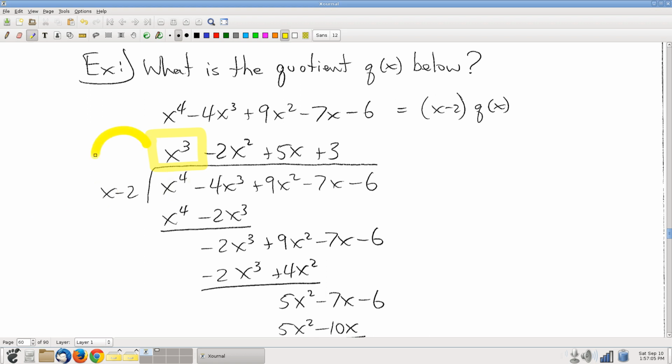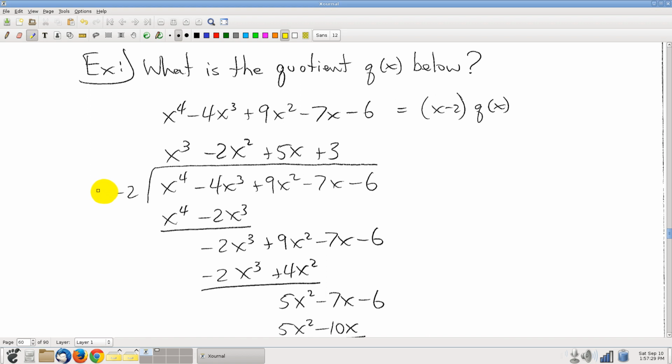Having written that down, I then multiply that times this to get that, and then subtract. And what's left over is minus 2x cubed. Okay, and then repeat.